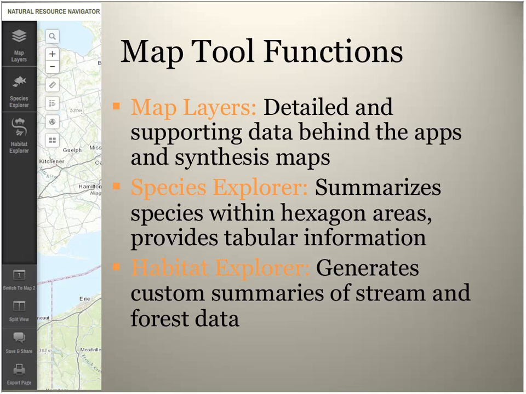And within the map tool, we have a detailed map layer tree with a lot of spatial data that's been organized and interpreted to help support adaptation planning. And then we also have two applications, the Species Explorer and the Habitat Explorer, that can be used to generate summaries of those data without having to dig into all of the raw data in detail.